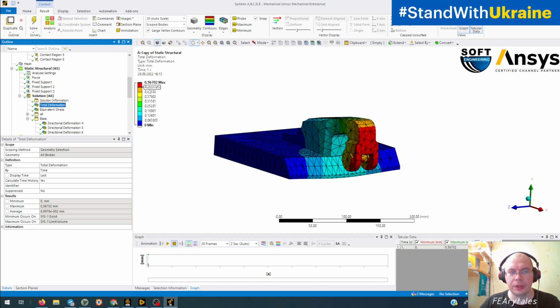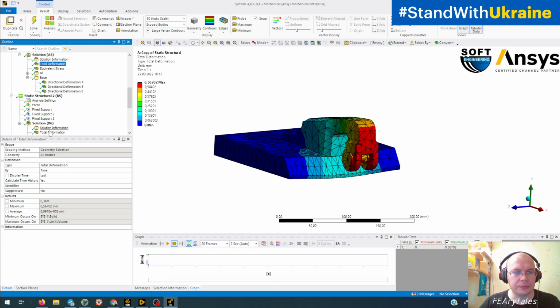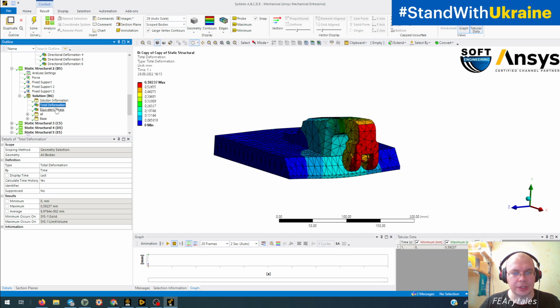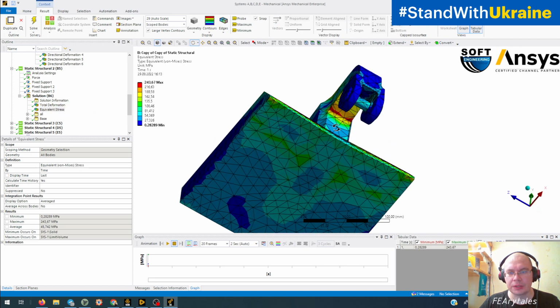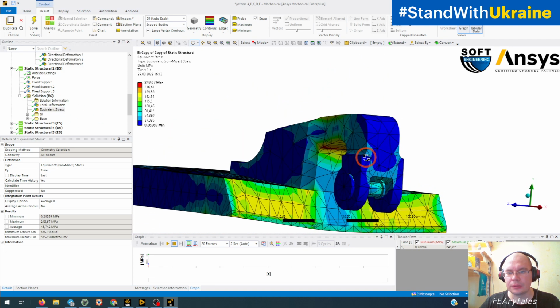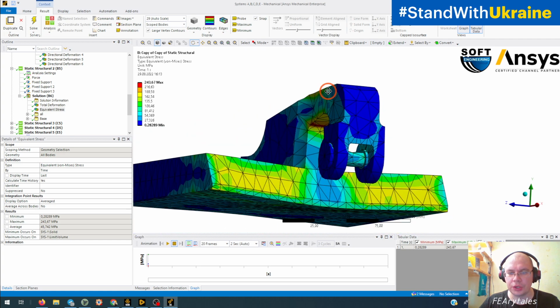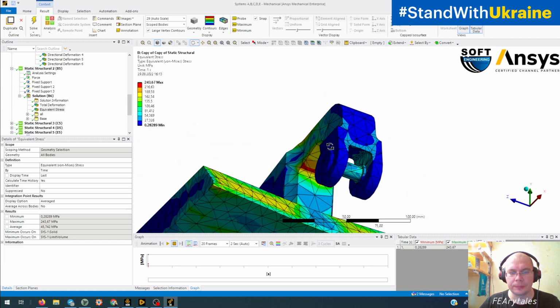Here we have 567, here we have 590. And stress, we also have maximum stress here, and stress almost did not change for our crank.